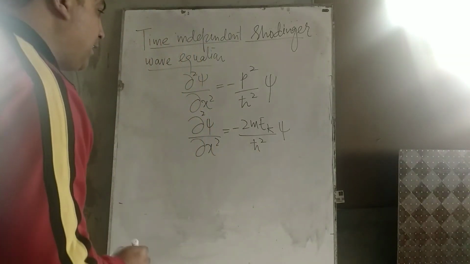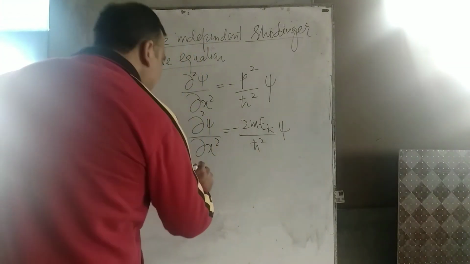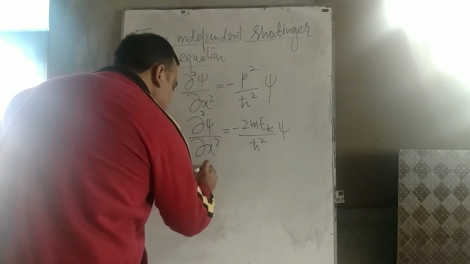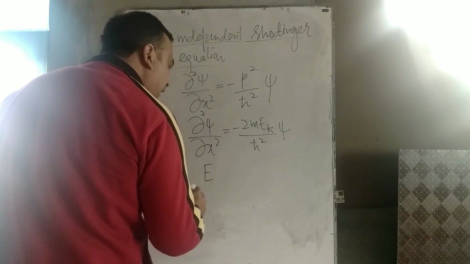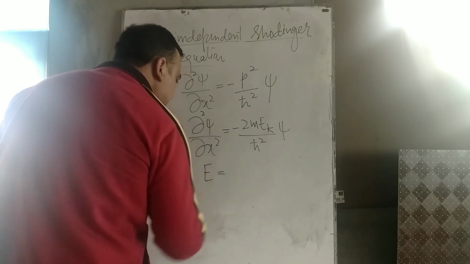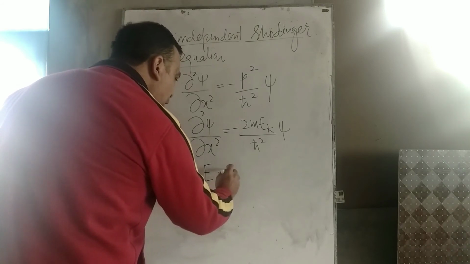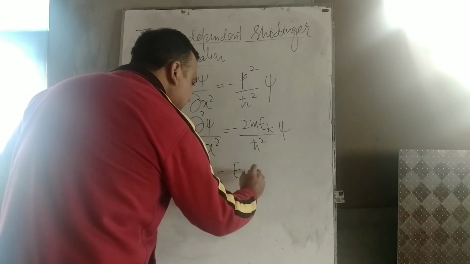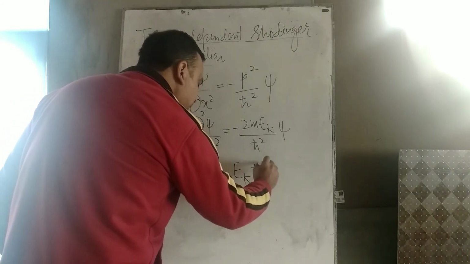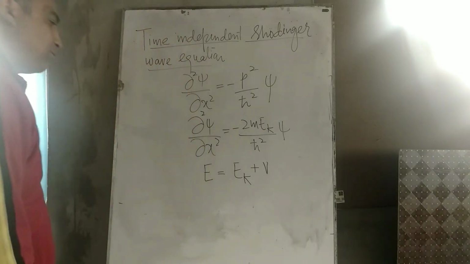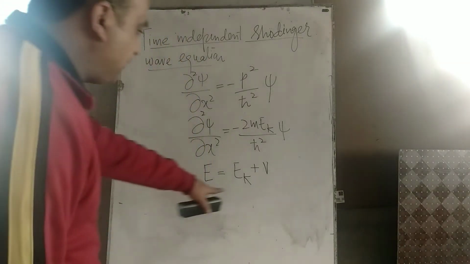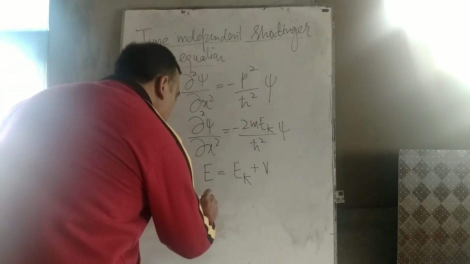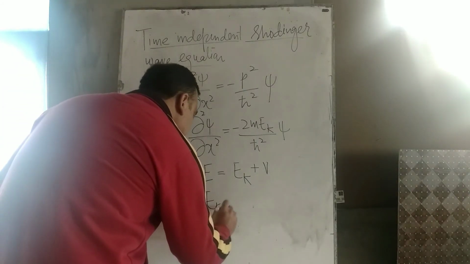Now, I can also say that suppose E is the total energy of this freely moving particle, this total energy must be the sum of kinetic energy and potential energy. Suppose V is the potential energy and Ek is the kinetic energy. So what will be the kinetic energy?